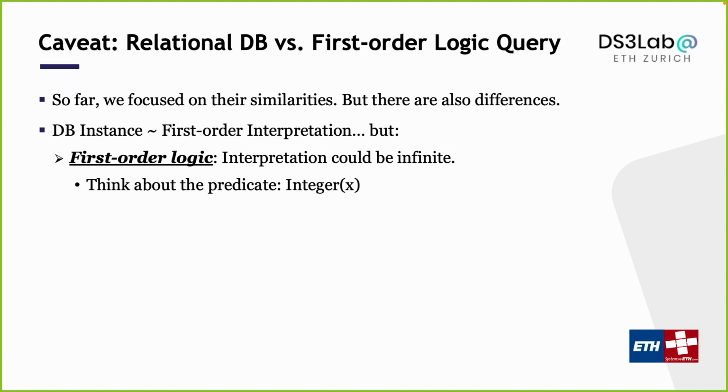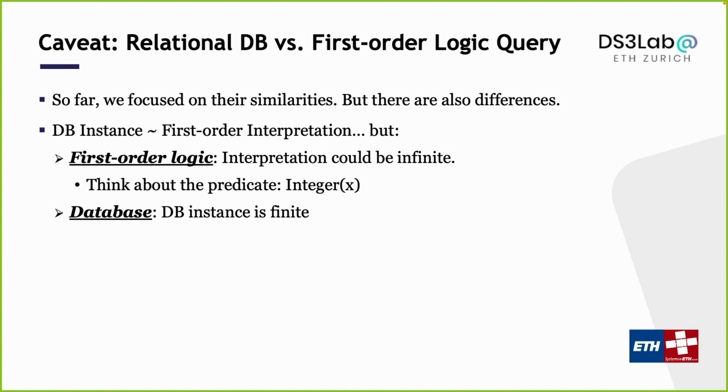For example, you could have one predicate to say, these are all my integers. The interpretation of this in our world is infinite. It's countable, but infinite, right? But on the other hand, when we talk about databases, when we talk about a database instance, it's always finite, okay? So that's a really fundamental difference between these two things.